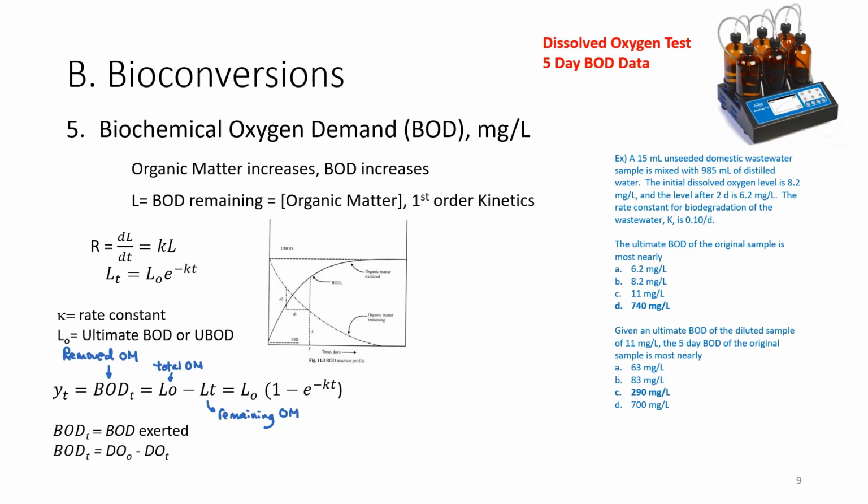It is also equal to the measured initial dissolved oxygen, DO sub 0, minus the dissolved oxygen, DO, at time t. Usually that time t is 5 days. Please give a try to solve the problems here using these equations.